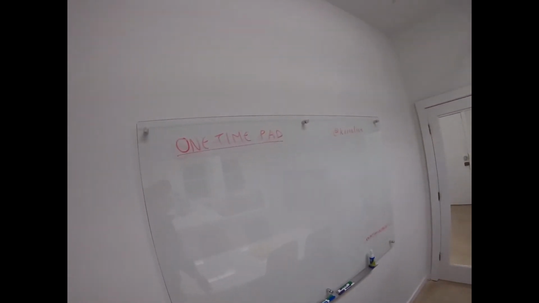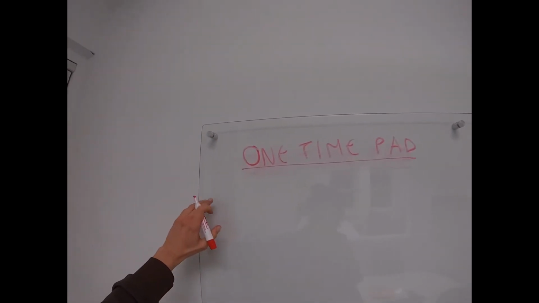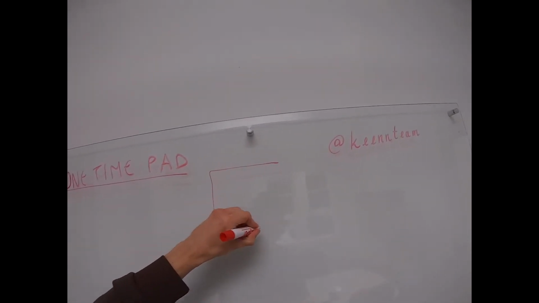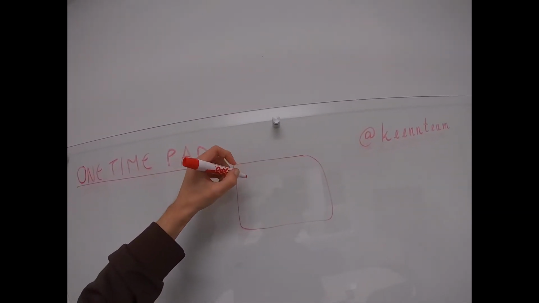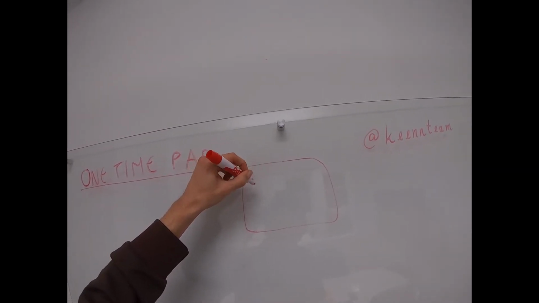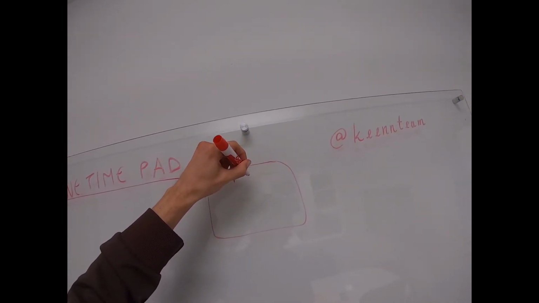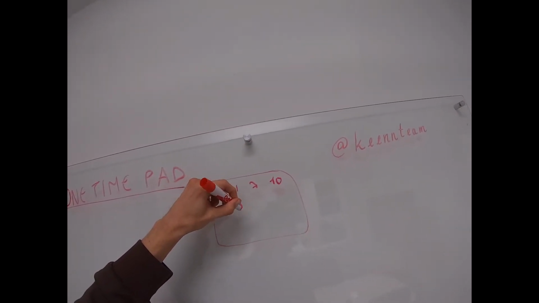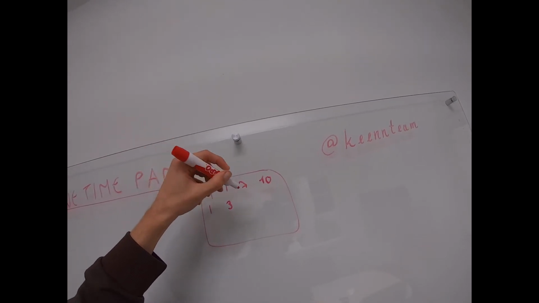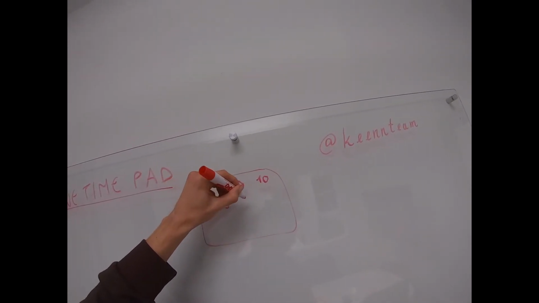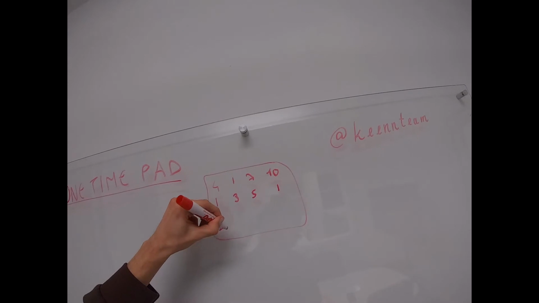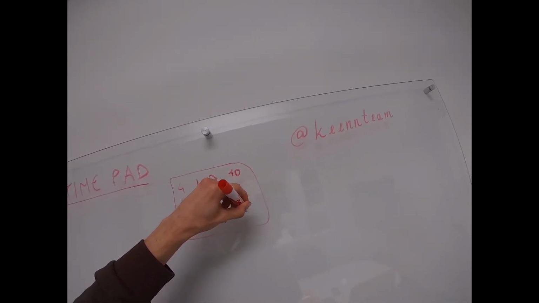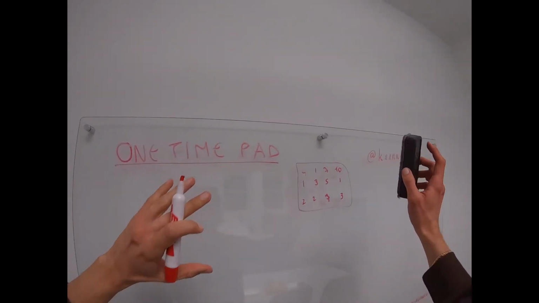Okay, so how the one-time pad works is that first we have to come up with a key, with a pad, and this key can be, let's see, this is a piece of paper, and the key has 4, 1, 7, 10, 1, 3, 5, 1, 2, 2, 7, 3, for example.